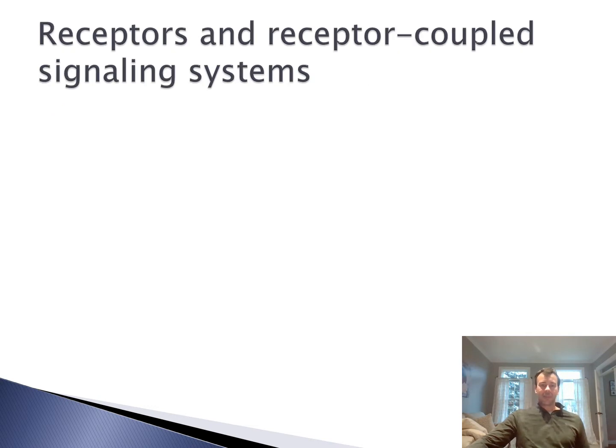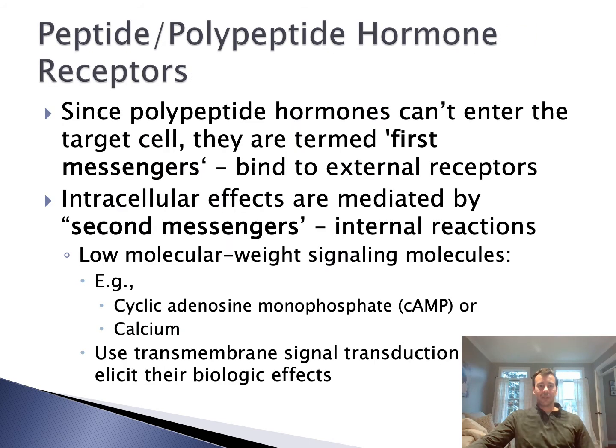So let's talk about receptors and receptor-coupled signaling systems. Because these polypeptide hormones can't enter the target cell, they are termed first messengers, so they bind to external receptors. And then you have intracellular effects that are mediated through what are called secondary messengers. These are essentially the internal reactions in the cell.